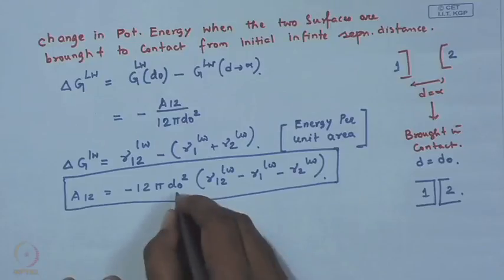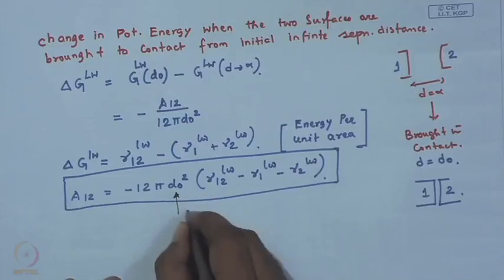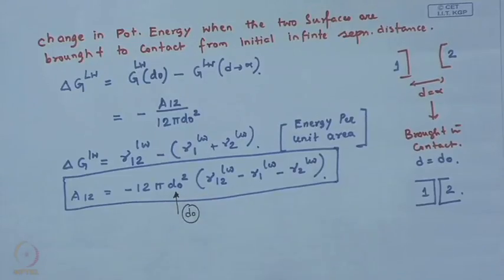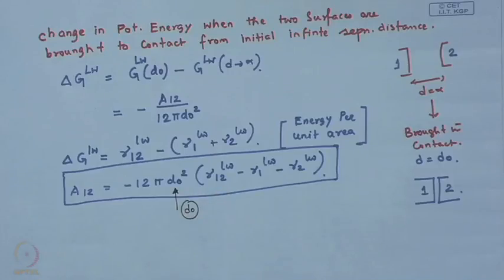The only thing that still cannot be physically determined, and you have to rely on some model, is this d0. In many cases there are some standard numbers which are available. So, if you have d0, depending on the values of gamma 1, gamma 2 and their LW components, you can easily determine the strength of the van der Waals interaction or the effective Hamaker constant.